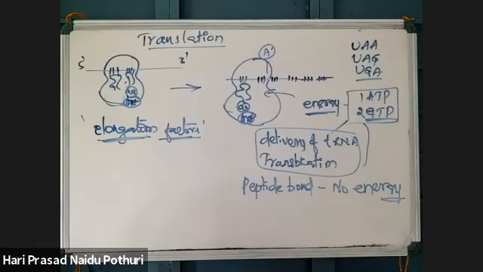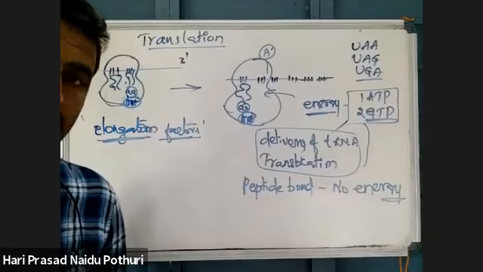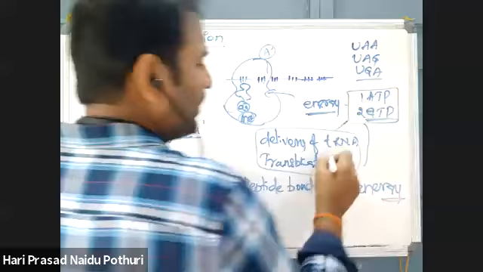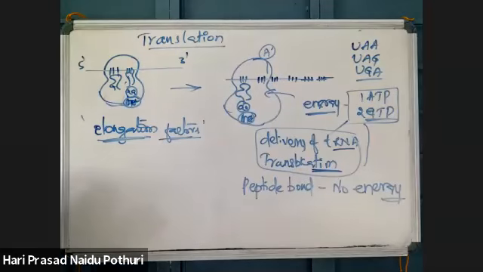Next point. Two reactions of elongation, delivery of tRNA and translocation, need energy.